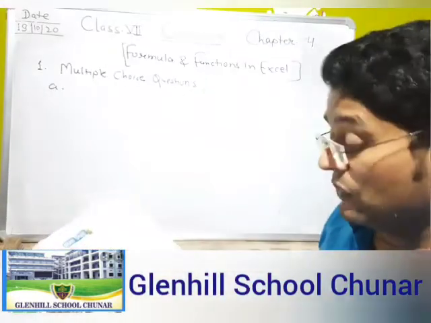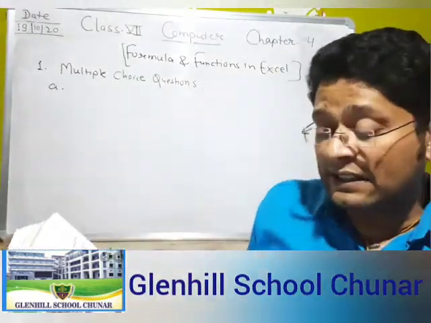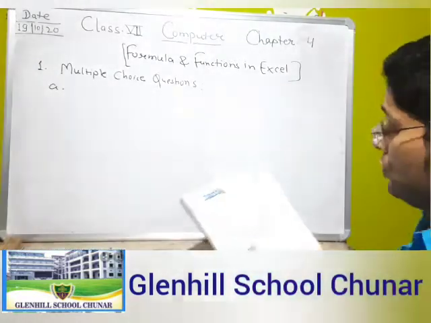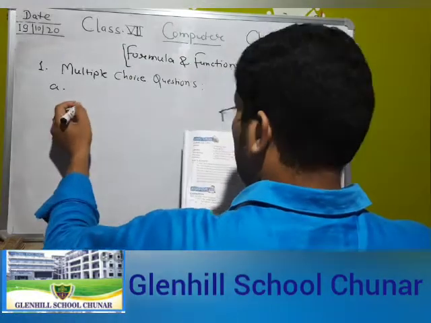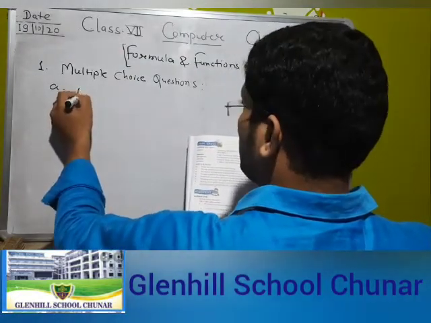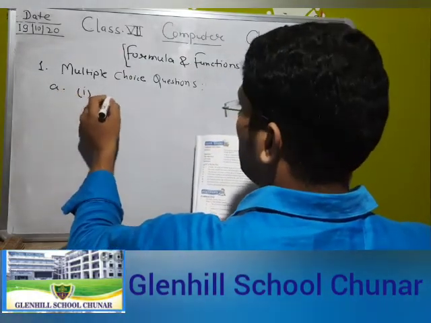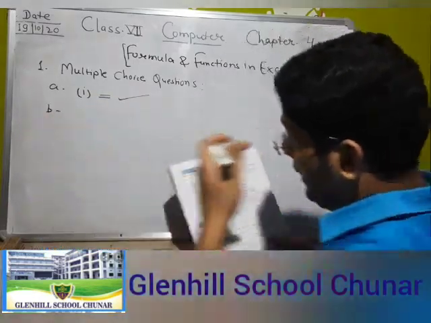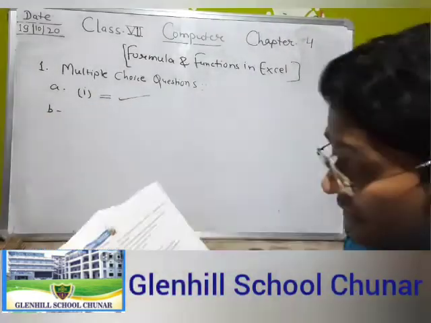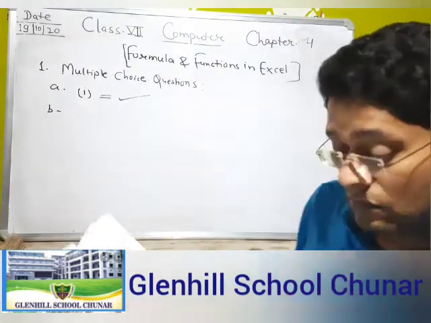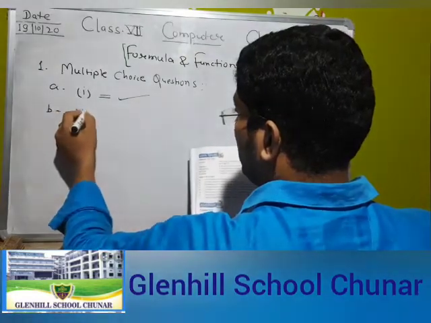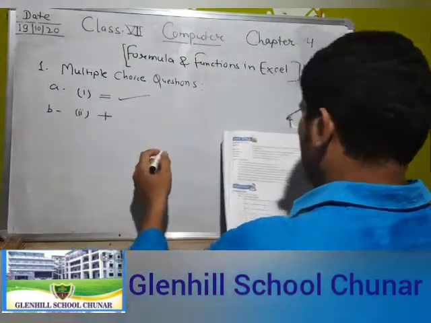First question A: the formula in Excel always starts with which sign? A, equal sign. B, mathematical operator, such as the plus sign.